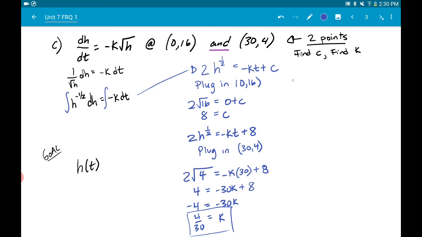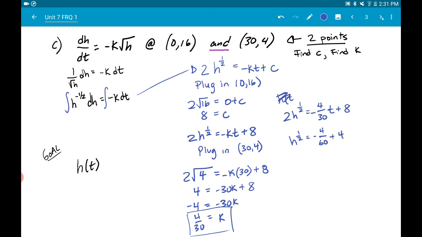So if I want to answer the final question, I've got h of t. Actually, let me rewrite this. I got 2h to the 1/2 equals negative 4 over 30 t plus 8. So I've got h to the 1/2 equals negative 4 over 60 t plus 4.